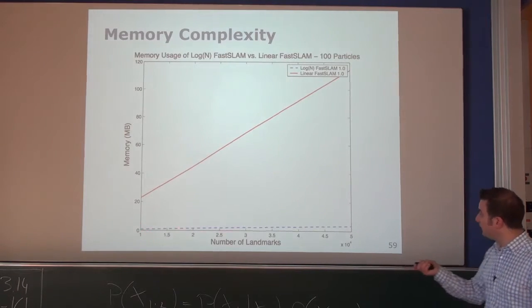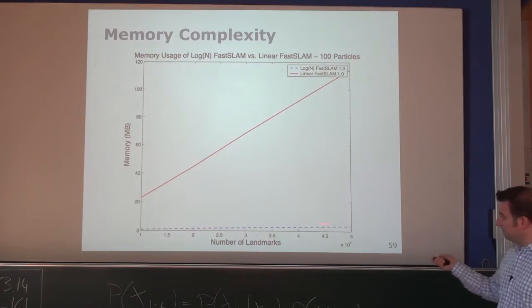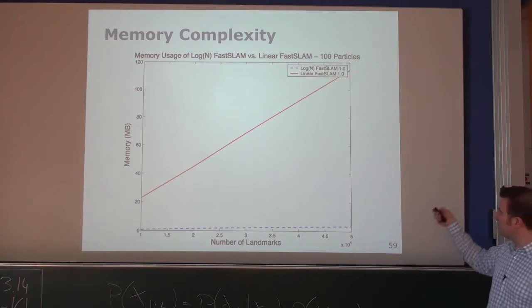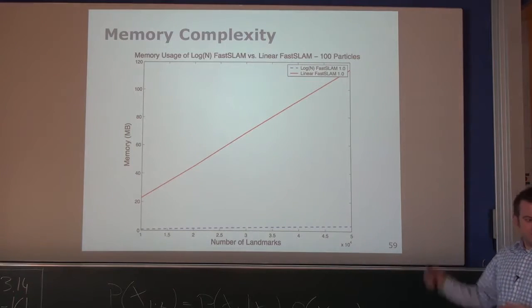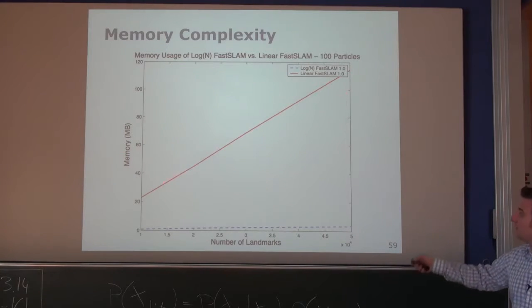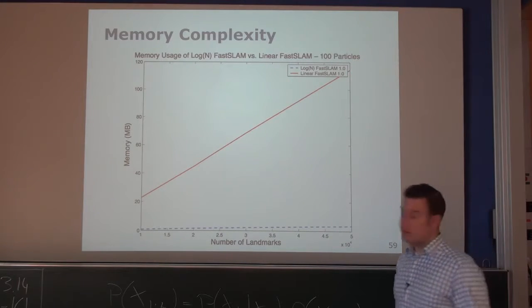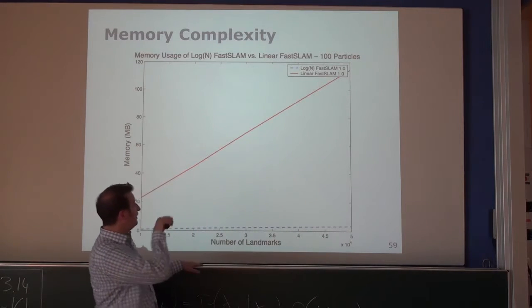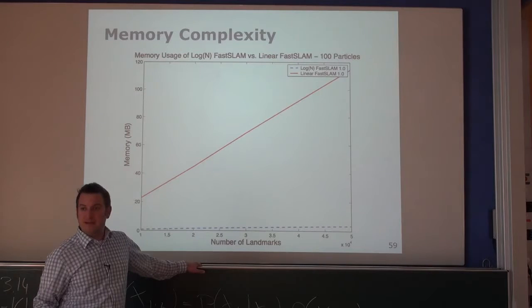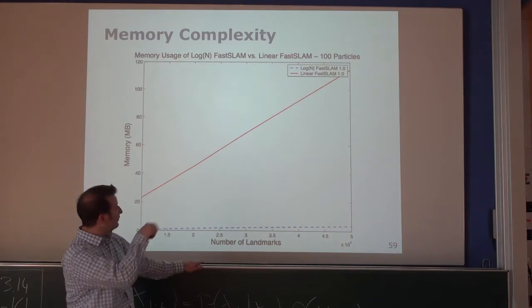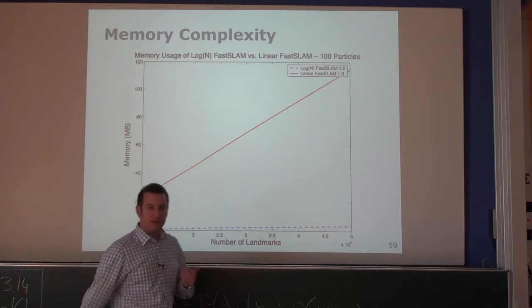And you can nicely see the log n complexity along these lines, and the linear FastSLAM, which copies for every particle the number of landmarks, has a complexity which grows linearly with the number of samples. How steep this increase is only depends on the number of particles you have, because the number of particles is constant. If you have more particles, you would have a steeper increase here, but it will still be linear.